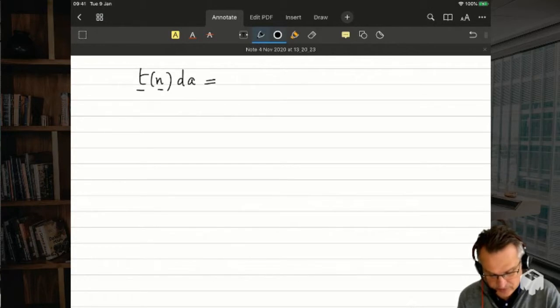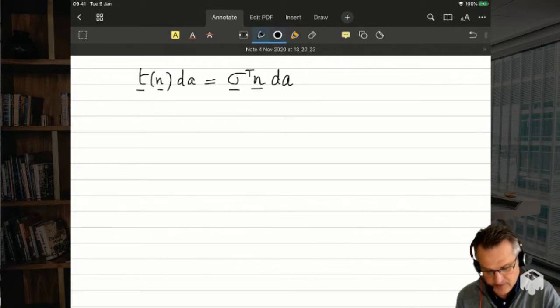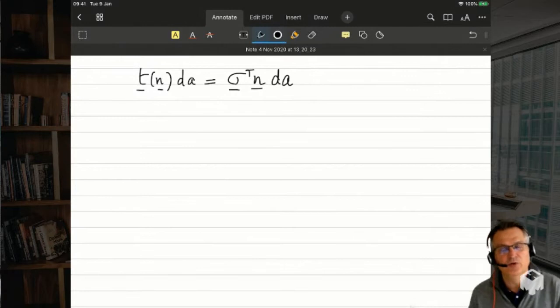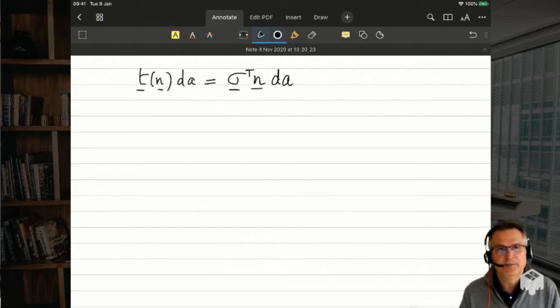And we saw, thanks to Cauchy's theorem, that t(n) is linearly related to n, the unit normal to the surface element with area dA, through the Cauchy stress tensor sigma.